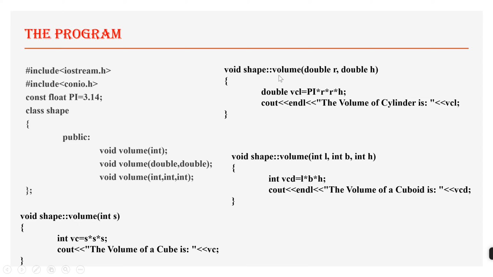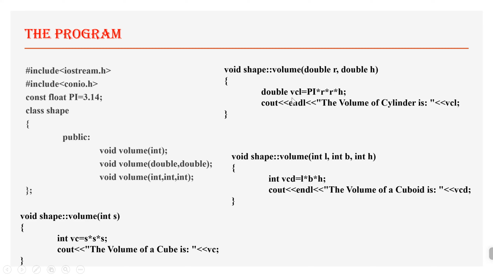Now let me go to another one wherein I am using the same name, shape, scope resolution operator, volume, but here there are two arguments, double R, double H. So radius and height I am taking.